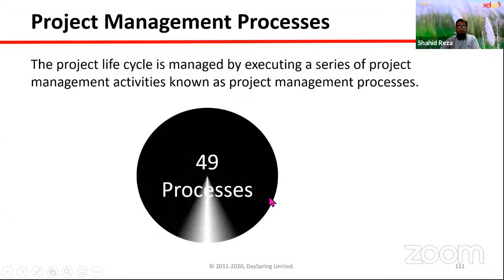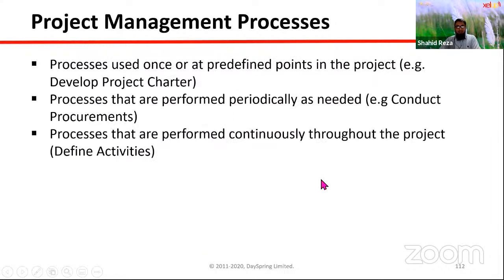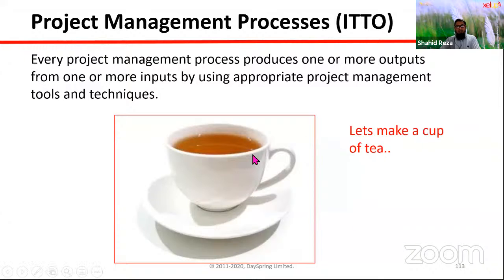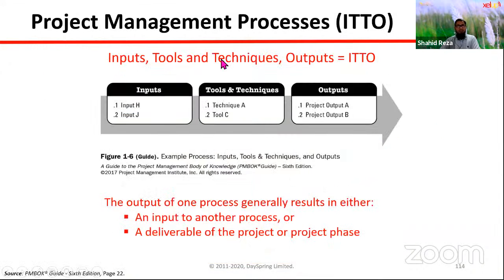Okay, so 49 processes. What are the 49 processes? I will discuss later on. I discussed the cup of tea, how to make a cup of tea. Then I also discussed inputs, tools and techniques, and outputs. So this chart or this table you will see throughout the project.